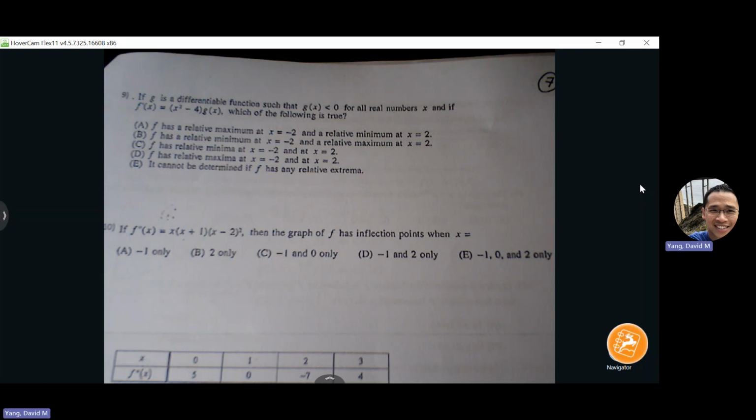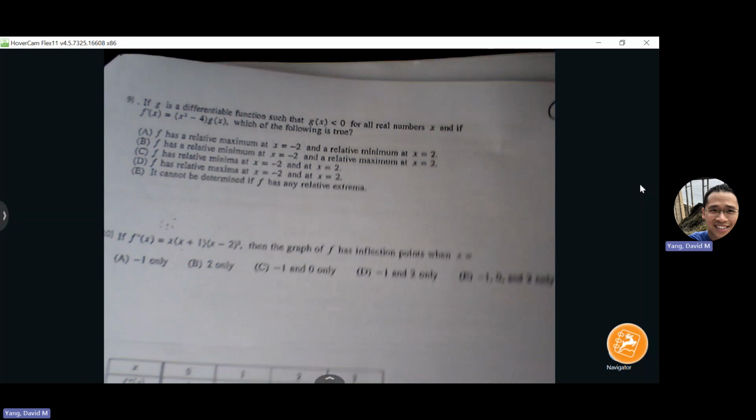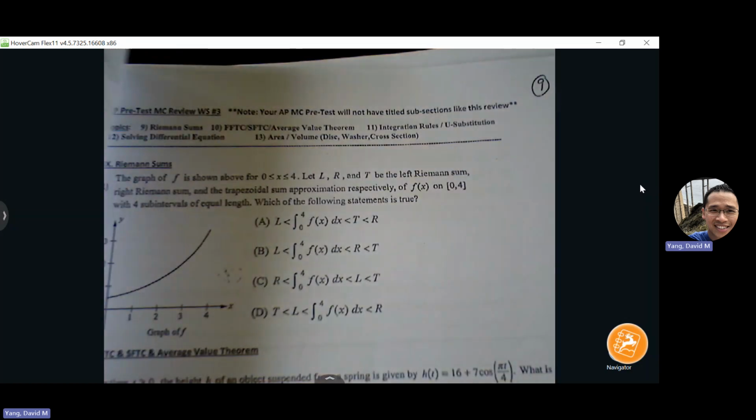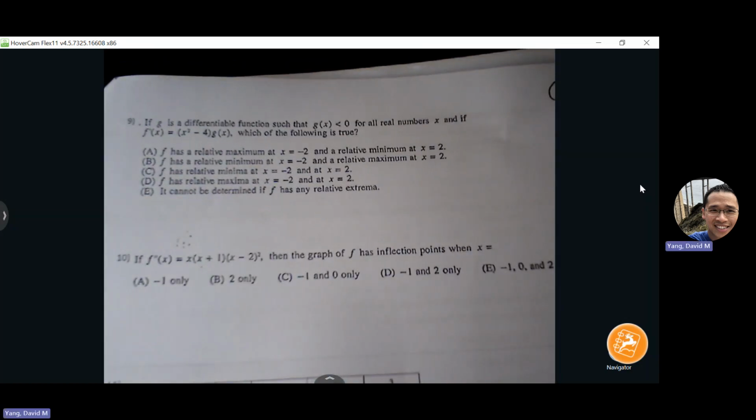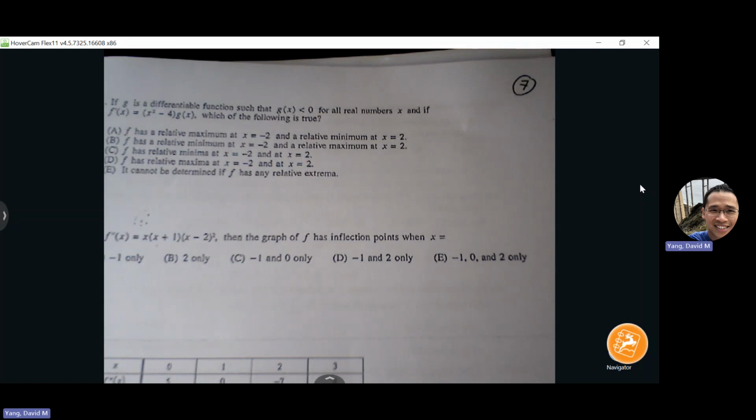Okay, some of this you may need your calculator for, so I do want to go through each of these problems with you. So let's look at page 7.